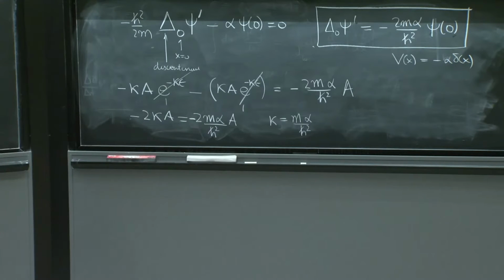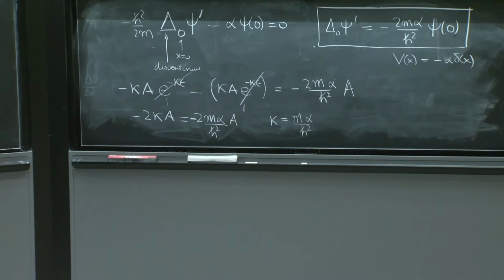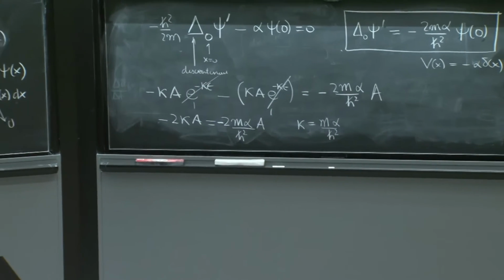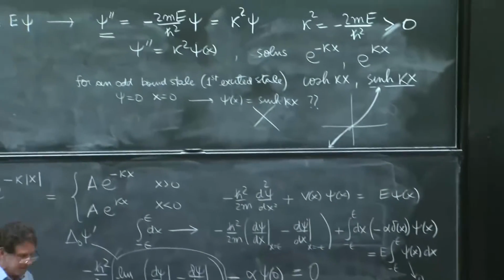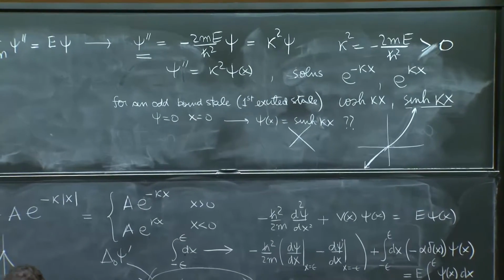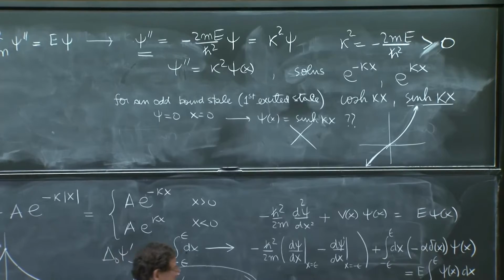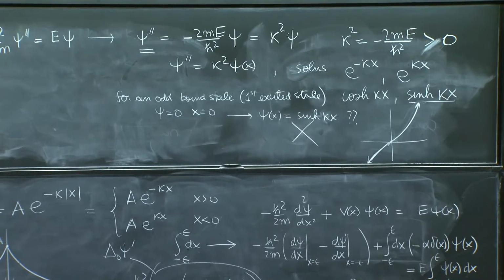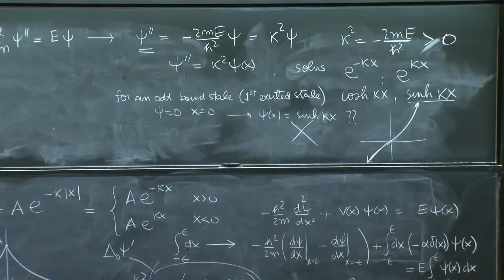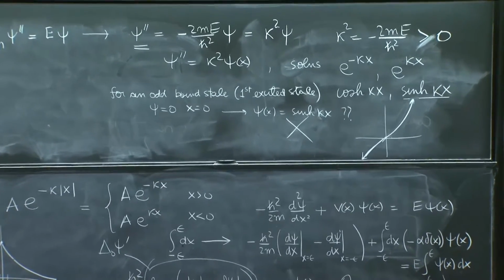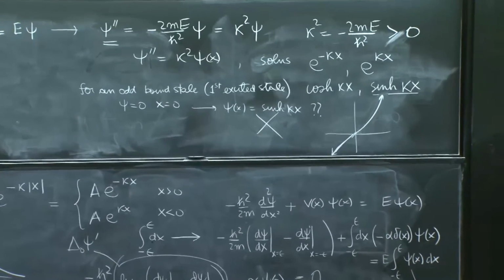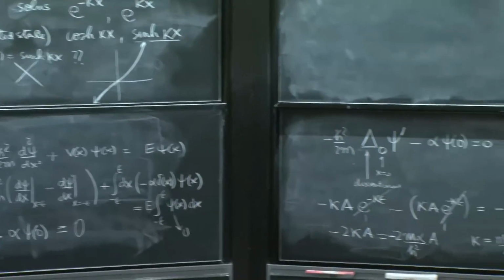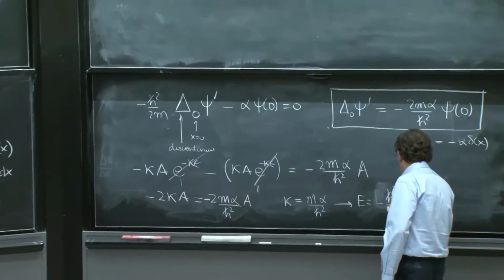So that's it. That's great, because kappa is just another name for the energy. So I have kappa equals m alpha over h squared. So that's another name for the energy. So let's go to the energy. The energy is minus h bar squared kappa squared over 2m.